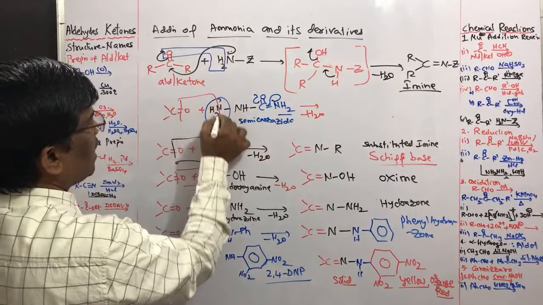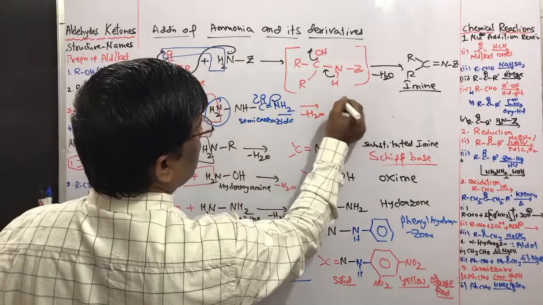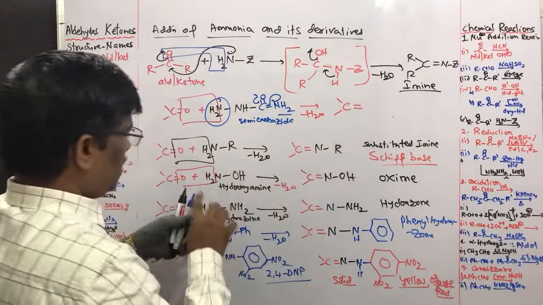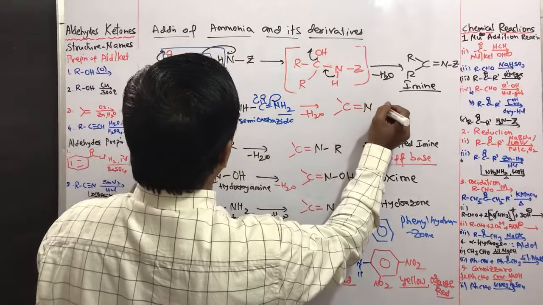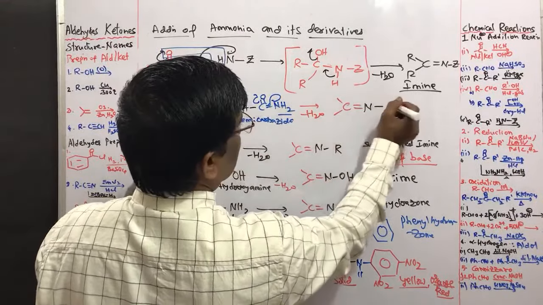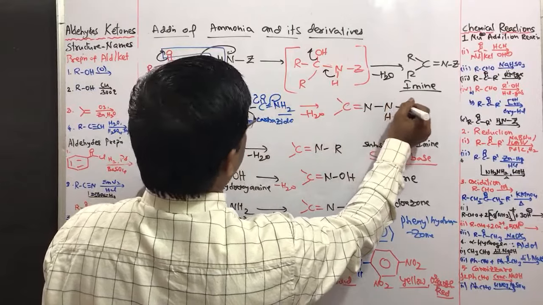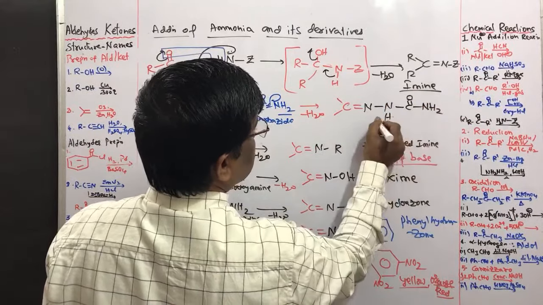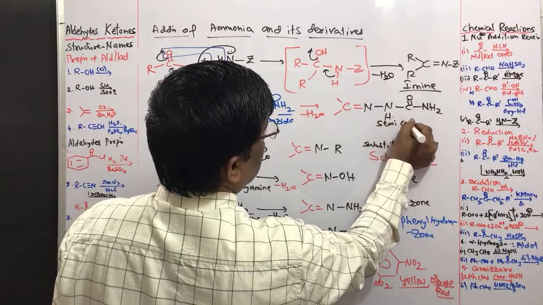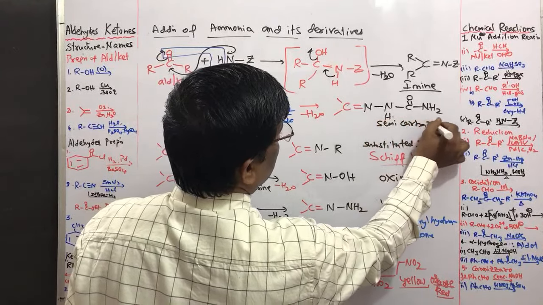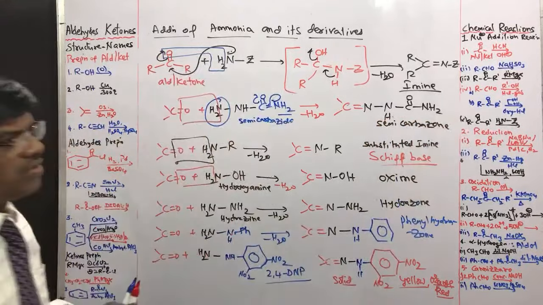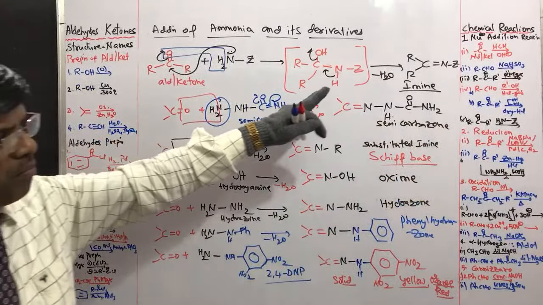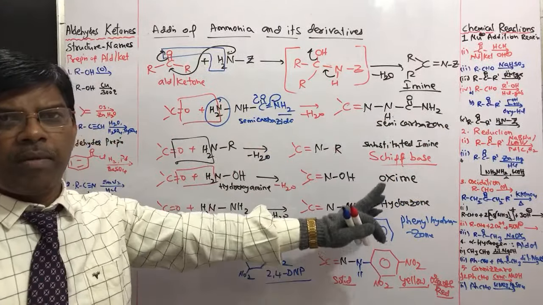So this goes out as water to give a double bond in NH, and urea will be as it is. So this is semicarbazone. Yes, students. So these are all very very important names which you come across.